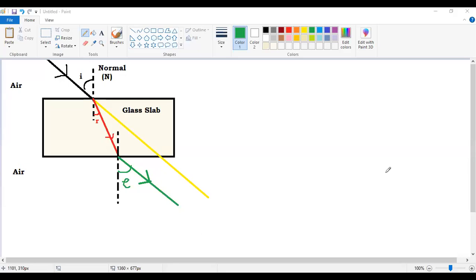The angle between emergent ray and normal after refraction, so this angle is angle of emergence. And students, emergent ray will be parallel to the original direction of incident ray. Both rays will be parallel to each other.